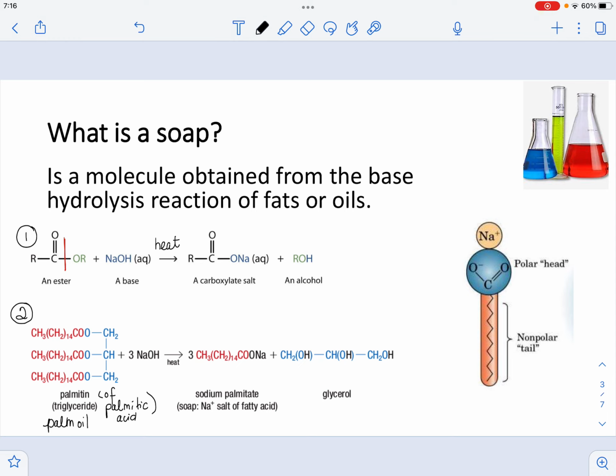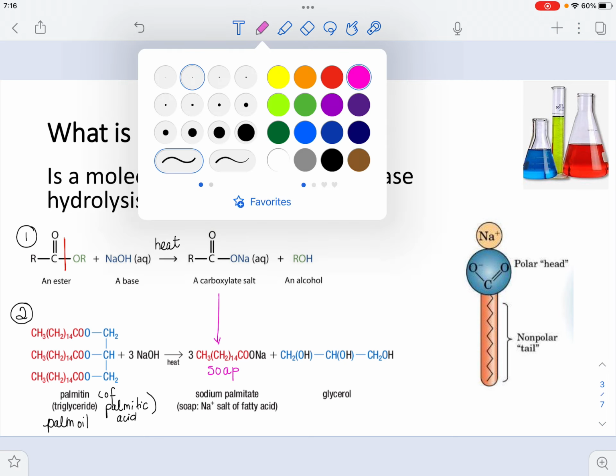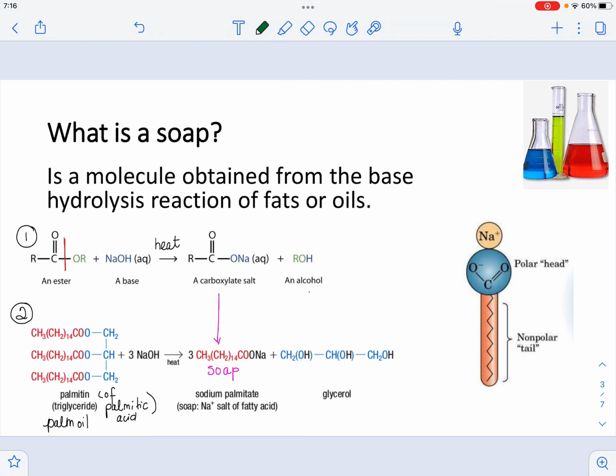when it reacts with 3 moles of sodium hydroxide and we heat them, we're going to form the carboxylate salt that we observed above. And that is specifically what the soap is. The alcohol in this reaction is going to be the glycerol molecule.